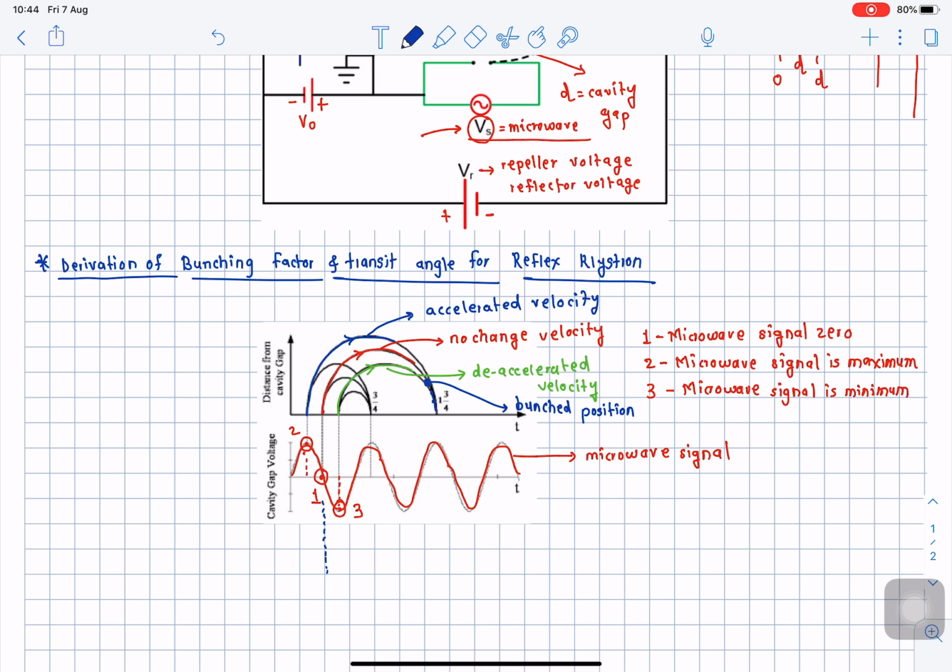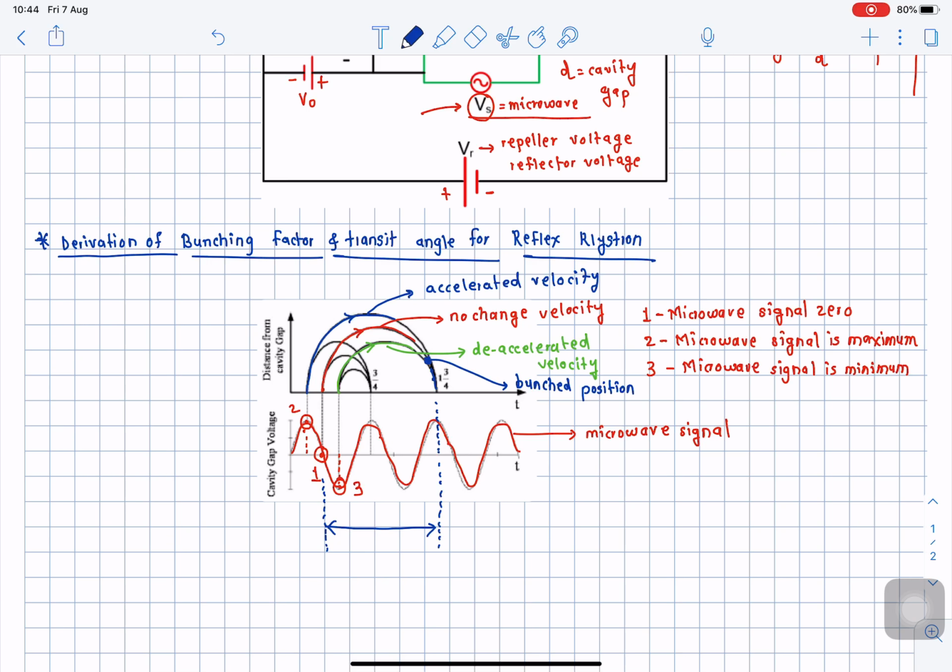Now, that time with respect to the reference of the microwave signal when it is going through 0, somewhere here, is the particular time at which the bunching is taking place, compared with respect to the reference position of the microwave signal going through 0. So the reference position is 1.